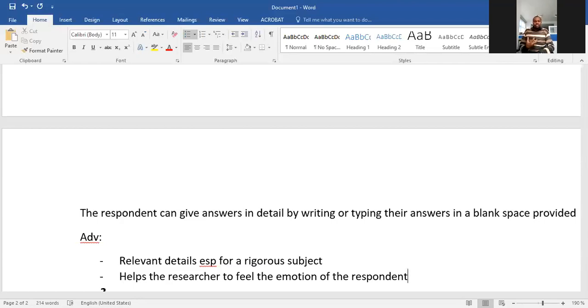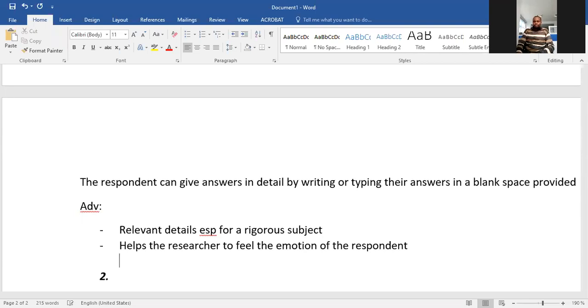So me as a researcher, I can come by and read the answers that you gave, the details that you wrote, and I can actually read the things that you are really emphasizing. Okay, things that really matter to you concerning that particular question I asked. So it helps the researcher to feel the emotion of the respondent.